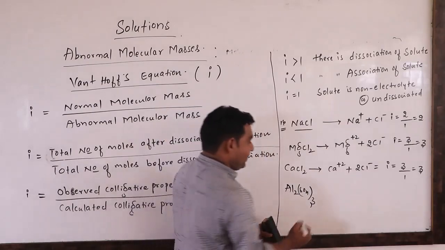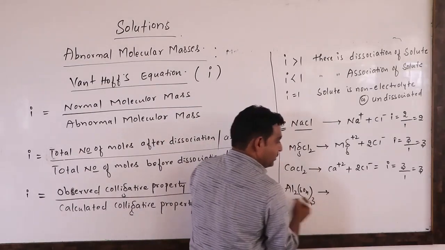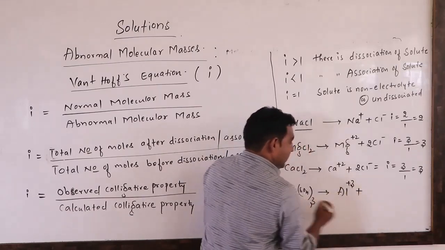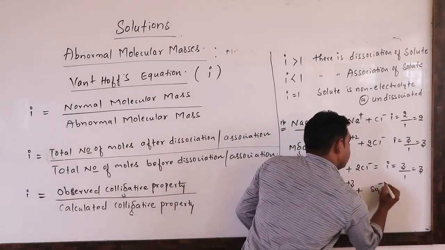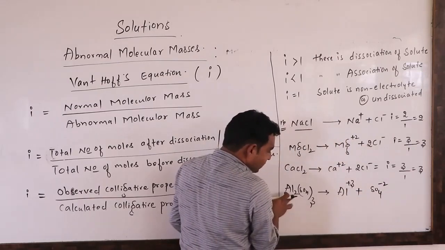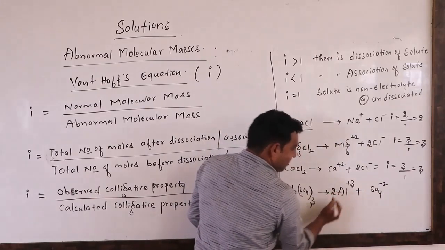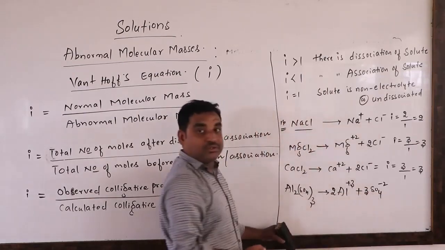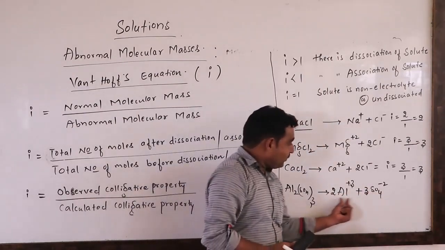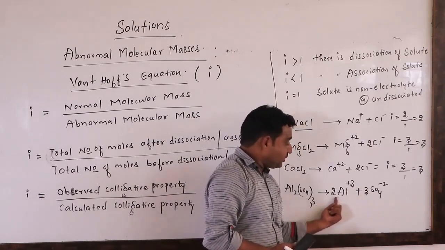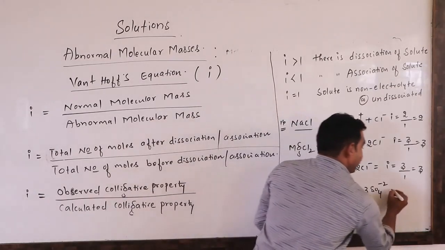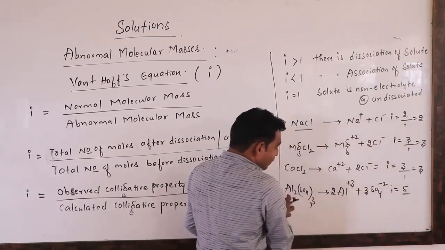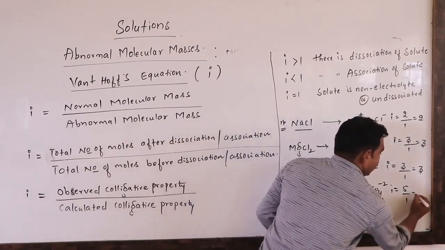And you can write Al2(SO4)3 also. When we keep it in a solvent, it dissociates to form Al 3 plus and SO4 2 minus. How many Al? 2, so multiply by 2. Here there are 3 SO4 2 minus. The total number of moles of ions after dissociation is 2 plus 3, which is 5, and before dissociation 1, so 5 divided by 1.